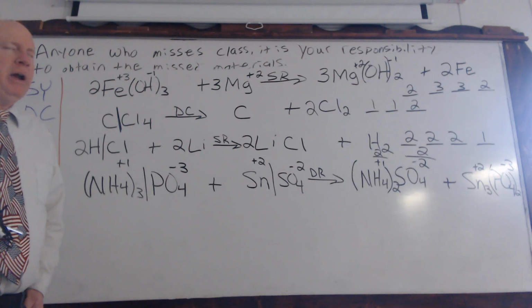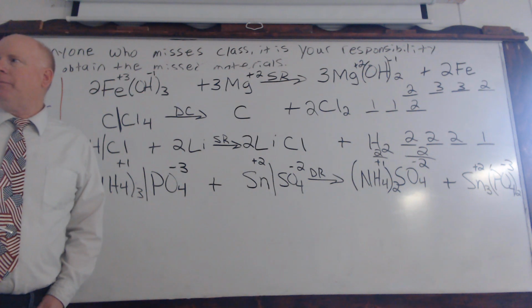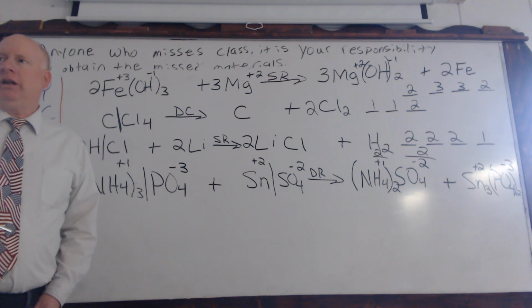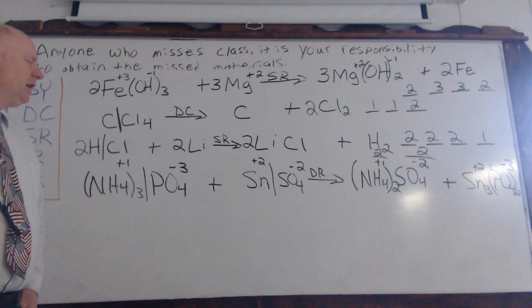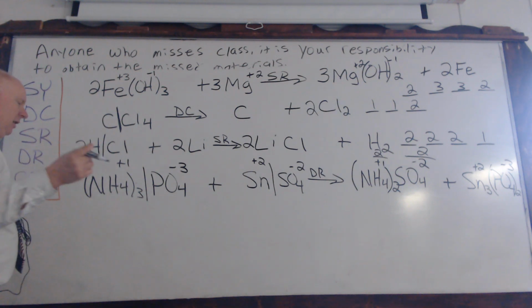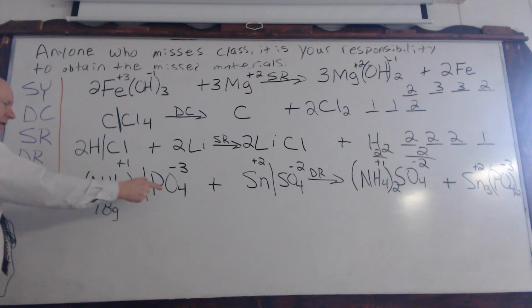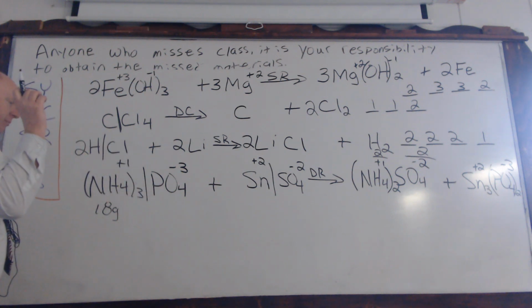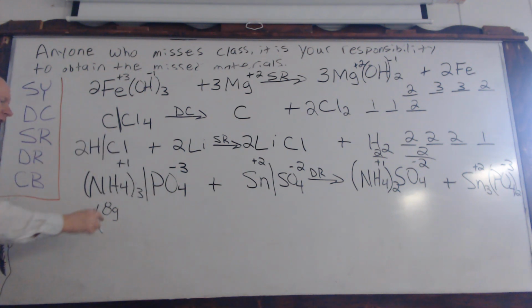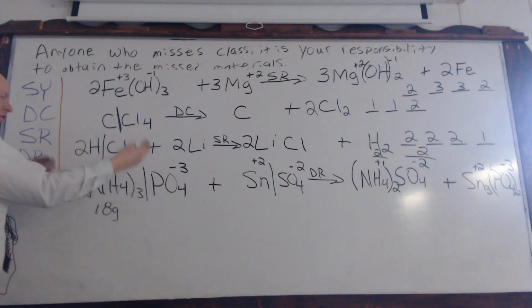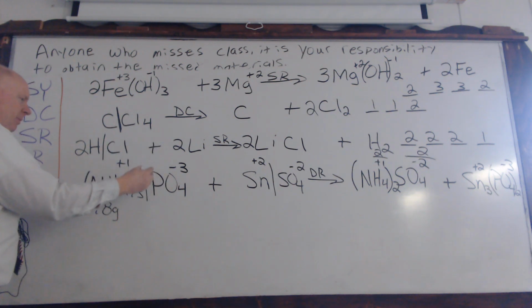So getting back to this reaction stoichiometry, okay? Again, what you may have done last chapter is if you have 18 grams of ammonium phosphate, what is even the percentage of hydrogen in that compound? You're only dealing with one compound.